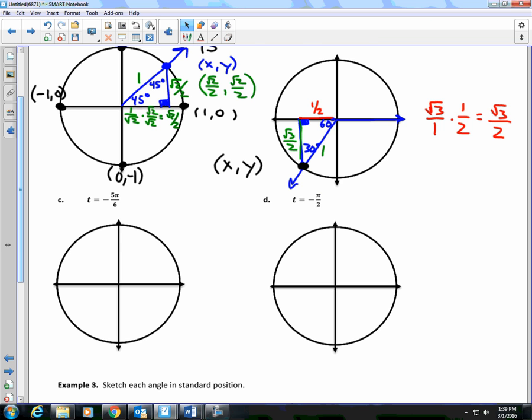So the x value is the horizontal value, and it is 1/2, but because it's in the left direction, it's negative. And then what is your y value? Square root of 3 over 2, and is that positive or negative? Why? It's down. So that's what we get.